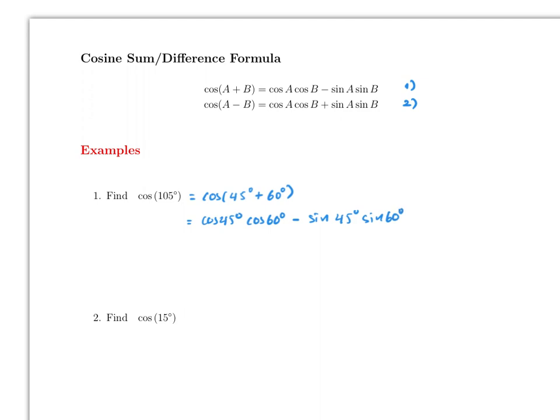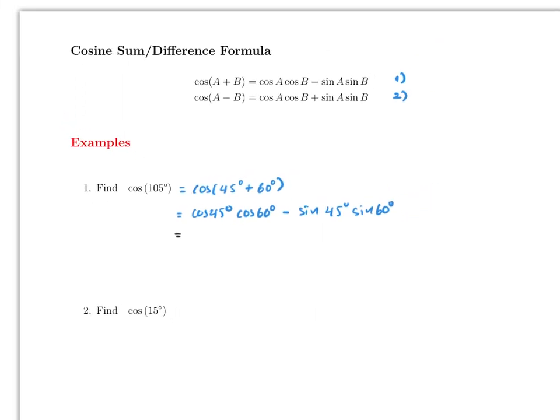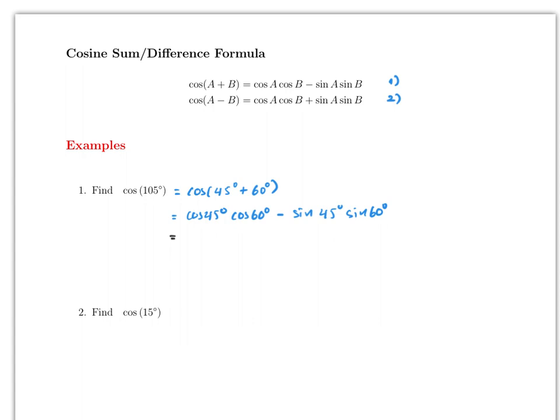And then you can draw the special triangles again, especially if you don't remember the values. Remember, cosine of 45 is radical 2/2. Cosine of 60 is 1/2. Sine of 45 is radical 2/2, and sine of 60 is radical 3/2.